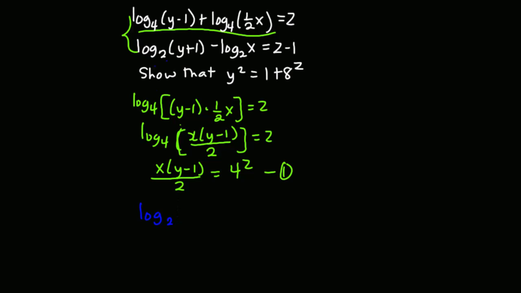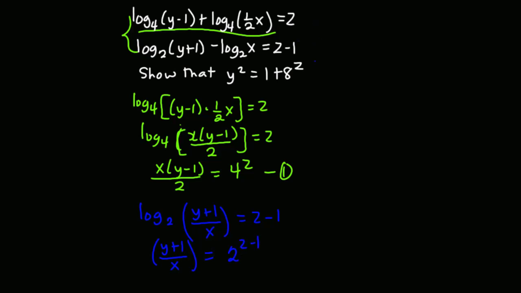In this case, they are subtracting, so this will leave us with y plus 1 divided by x, all this equals z minus 1. So finding the antilog, we get y plus 1 all on x is equal to 2 exponent z minus 1.